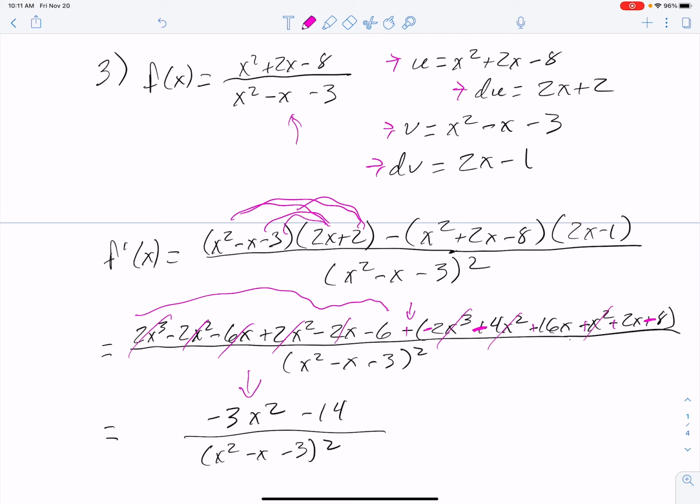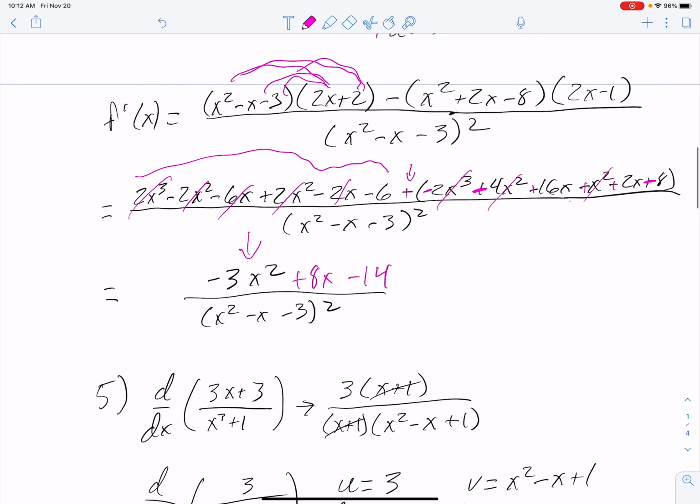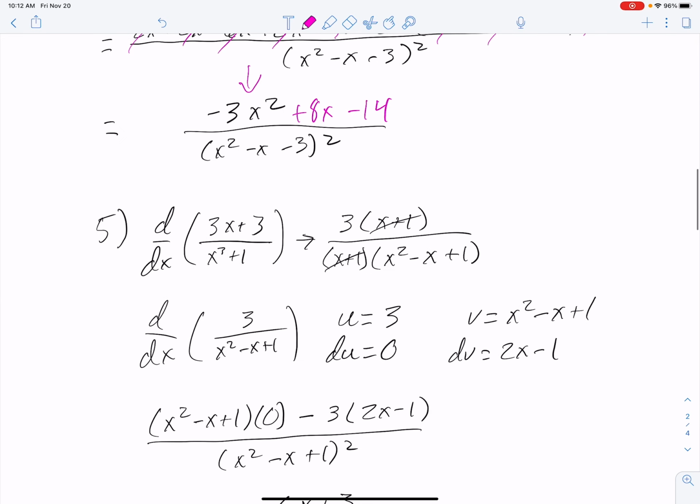Negative 8x plus 16 should get me a plus 8x, so it looks like I made a mistake there. And then negative 6 minus 8 is going to get me negative 14. And again, we're never going to multiply out our denominator.